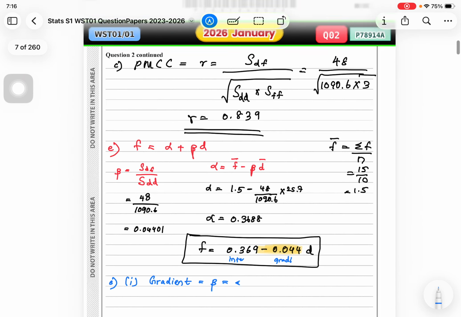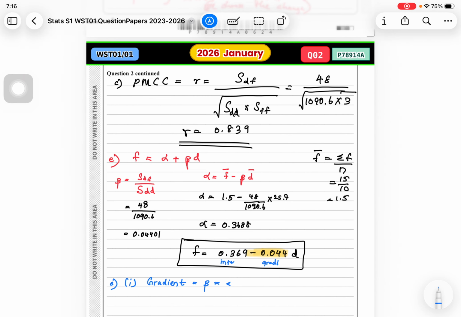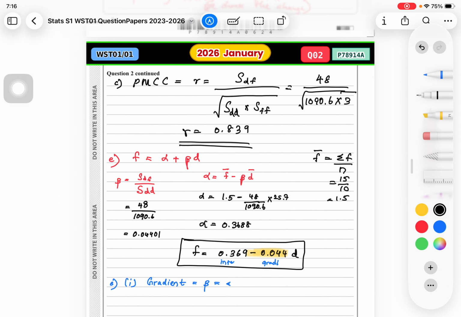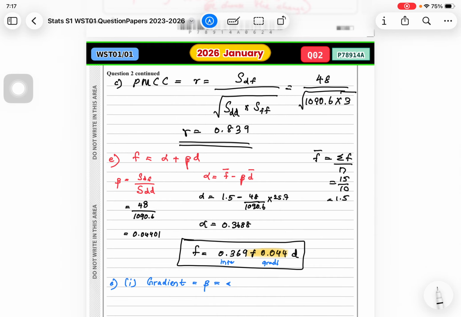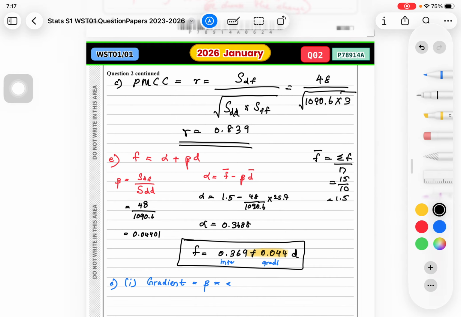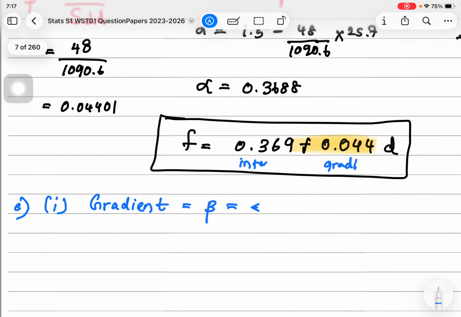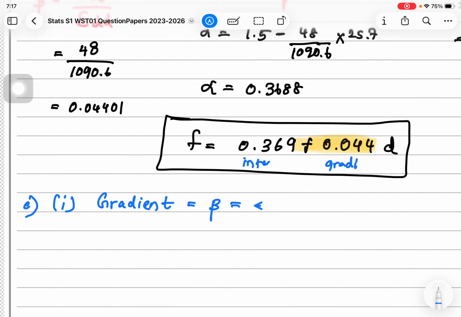We have these values, and it was positive here. When they're asking about wordings, we have to make sure we talk about our explanatory variables. The gradient usually gives the change in the response variable per unit increase in the explanatory variable.